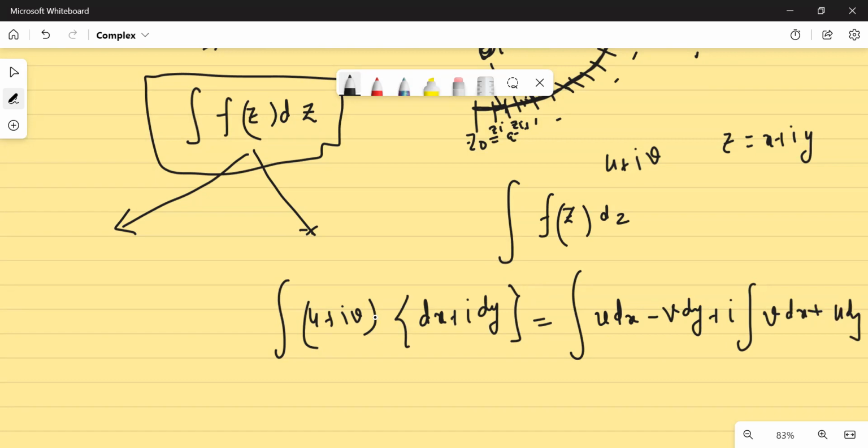So clearly you can see that your contour integration f(z) dz transforms into two definite integrals, and these two are definite real integrals. There is an iota here, I'm not saying that it is not that way, but these two are real integrals. Are you getting my point?